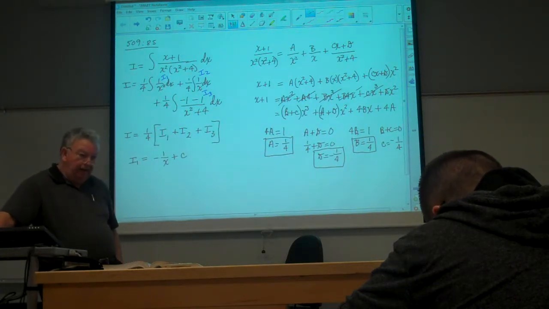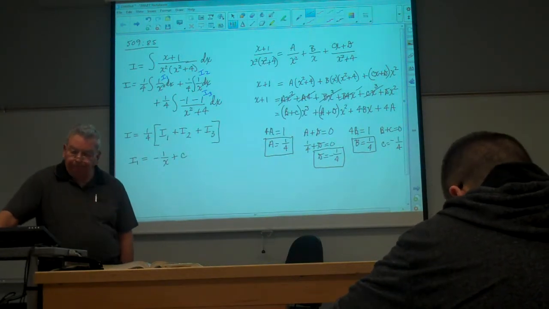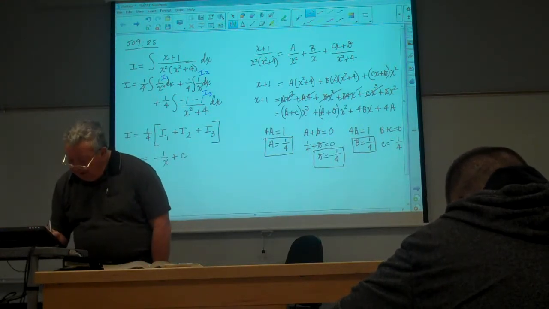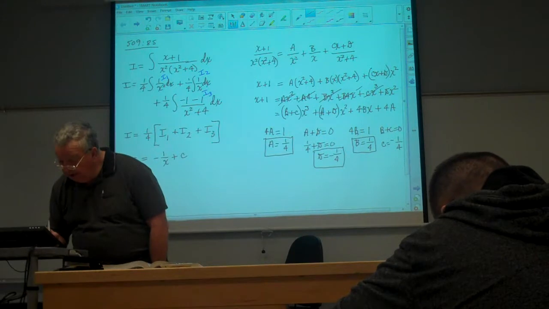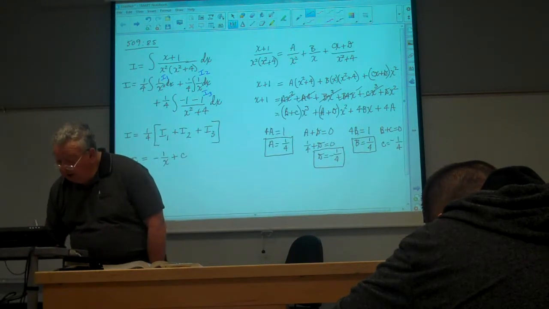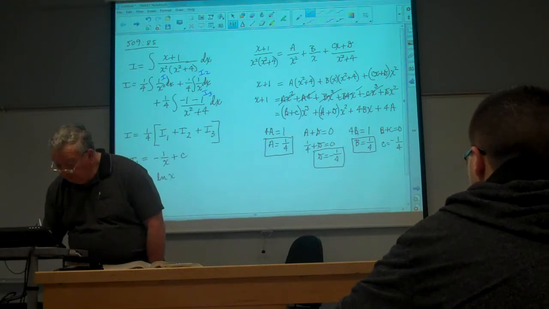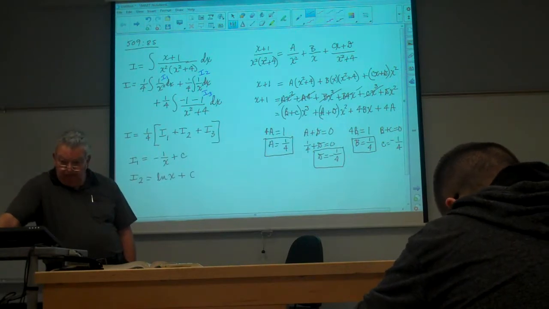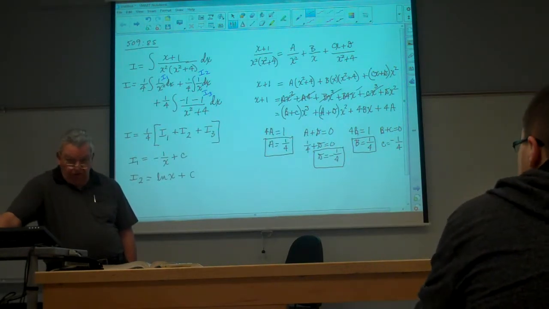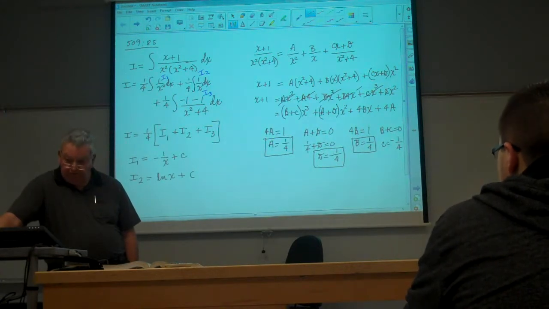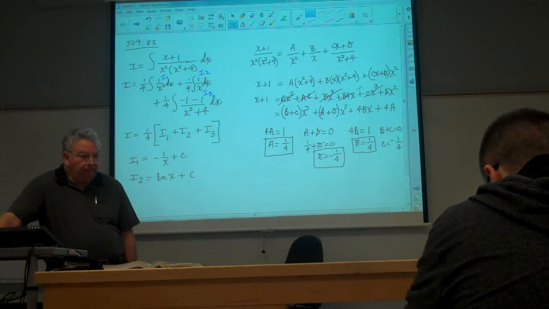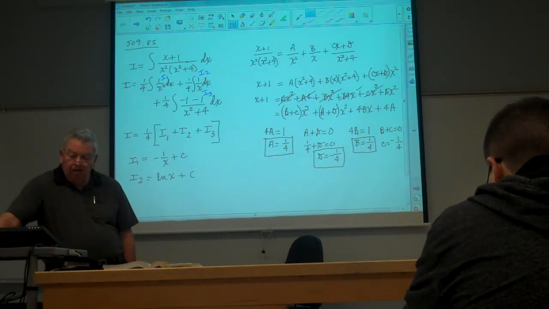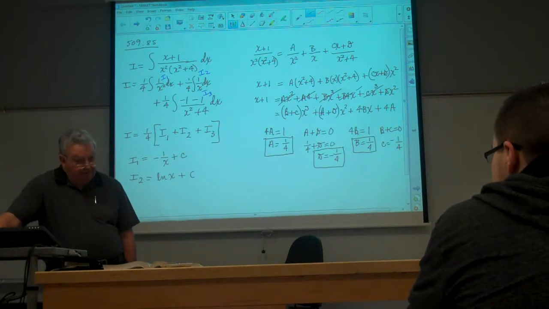Can't you do those in your head by now? It's equally okay if you tell me that I2 is equal to log x plus c. I don't need to make you write it down if you're going to just write it down and then integrate it. And if you have it this well organized, where I know where it came from, that's good enough. If you make me hunt for it, it's not good enough.